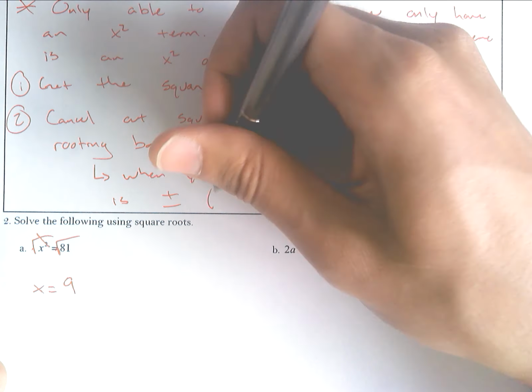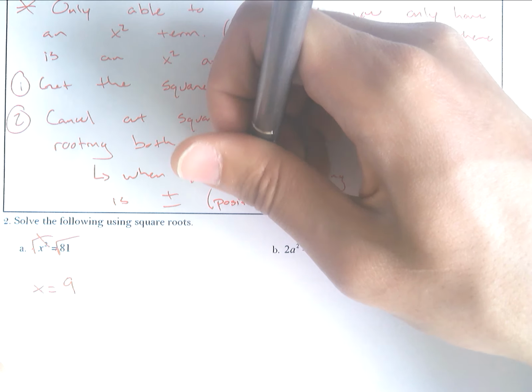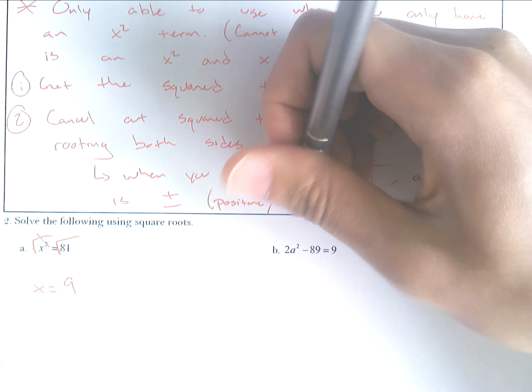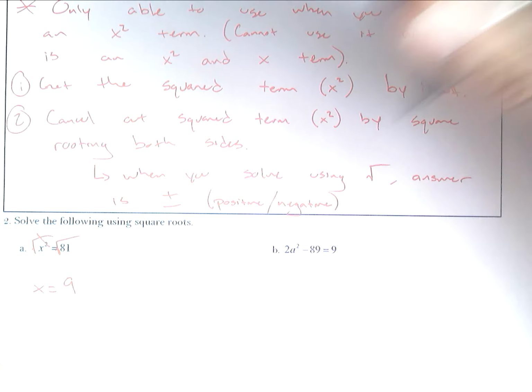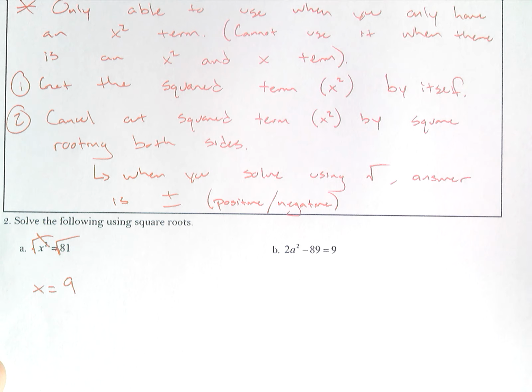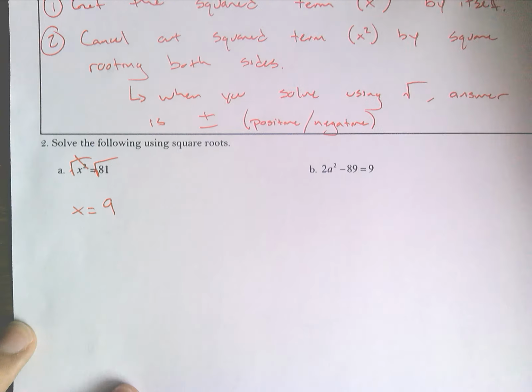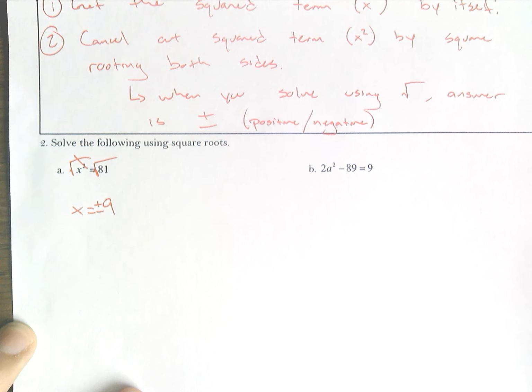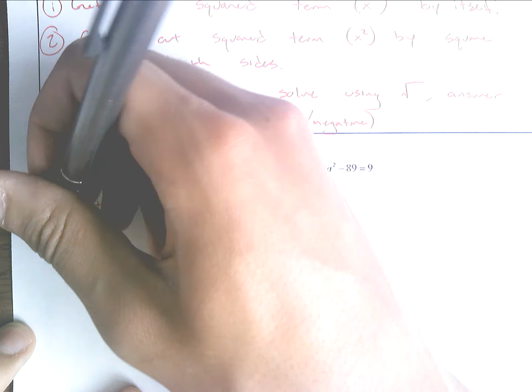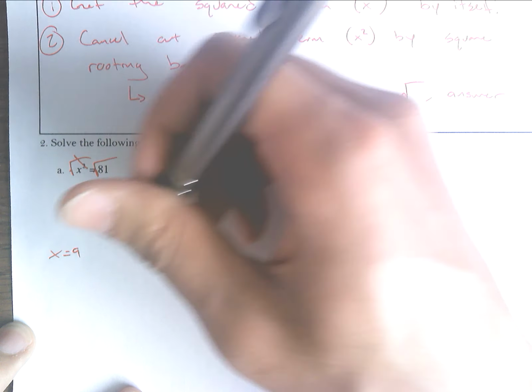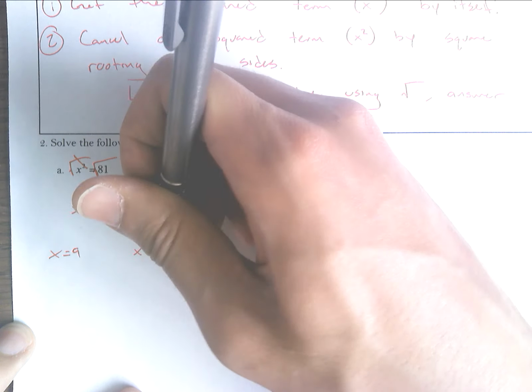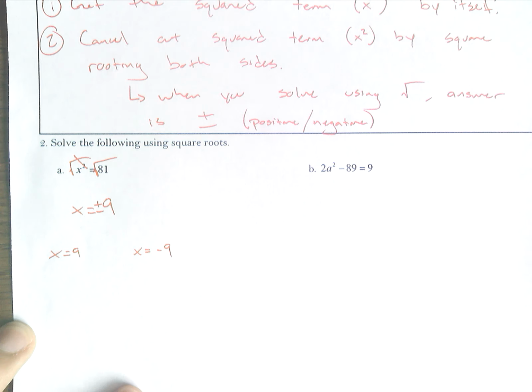What I mean by that is it's going to be both positive and negative. So this answer down here should be plus or minus. In other words, the solution is x equals 9 and x equals negative 9. So both the positive and negative solutions.